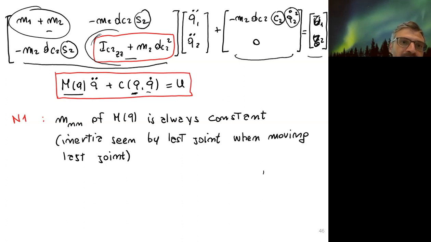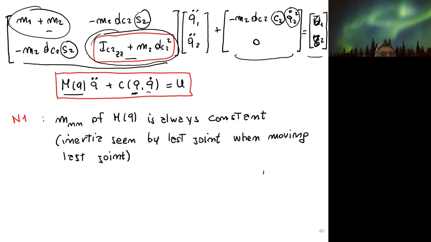While this term here is constant for every kind of robot. It's not configuration dependent. And this is because it represents the inertia of the last link, of the last joint when moving the last joint.